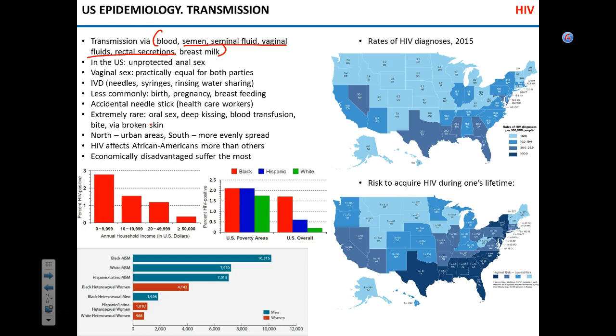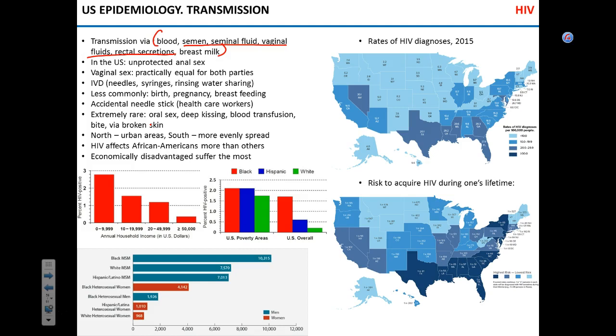Meaning, you can get HIV through vaginal sex or anal sex. It's kind of interesting because it turns out that not only genital mucosa is suitable for HIV transmission, meaning that if infected men and uninfected women have sex or the other way around, it can be transmitted both ways. But it's also interesting that virus can be transmitted through rectal mucosa in anal sex.